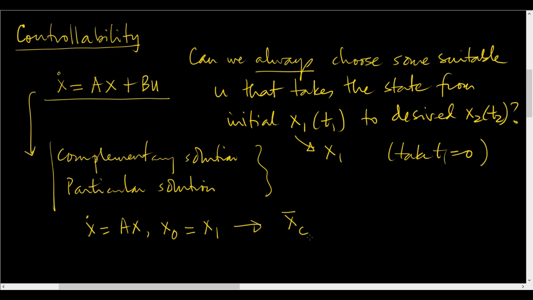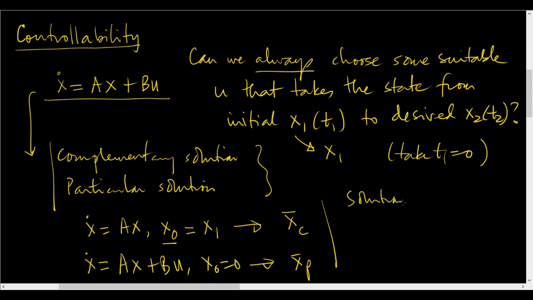Now separately we will do x dot is equal to ax plus bu, x0 is equal to 0, and this will give us a particular solution, and the final solution, complementary plus particular, will have initial condition x1. Okay, so that is how the solution can be looked at.